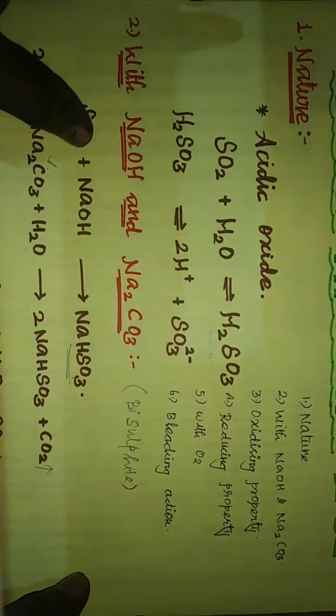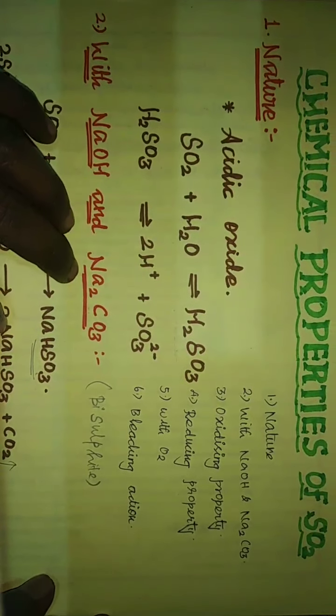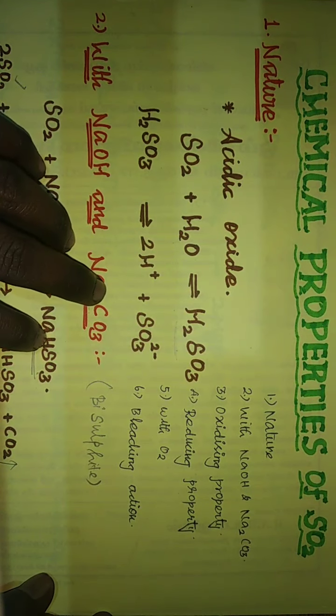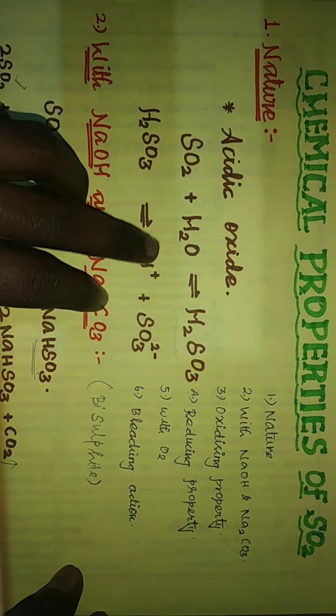So with this the chemical properties are over. How many chemical properties have we seen? There are 6 chemical properties we have discussed. The first one is the nature of the sulfur dioxide gas. We have seen that sulfur dioxide is an acidic oxide, and it was confirmed by allowing sulfur dioxide to react with water.